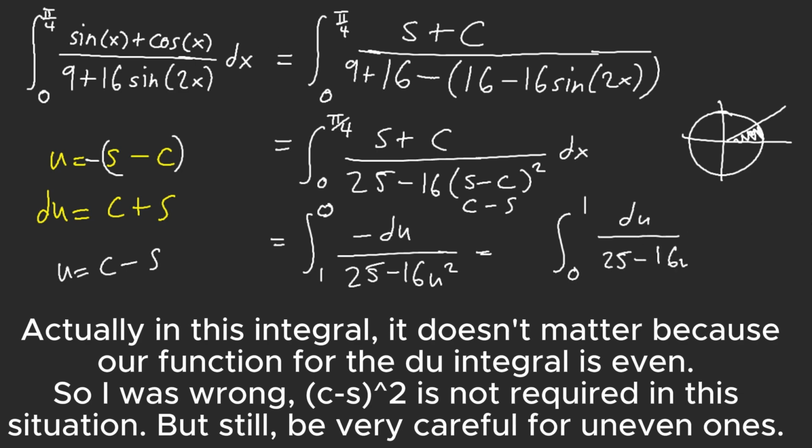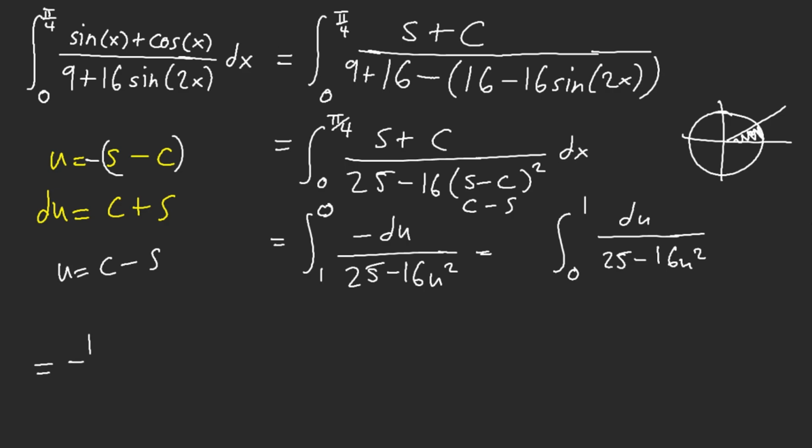25 minus 16 u squared. Okay. And now let me divide everything by 16. 1 over 16 from 0 to 1 du of, this is technically 5/4 squared, plus u squared.